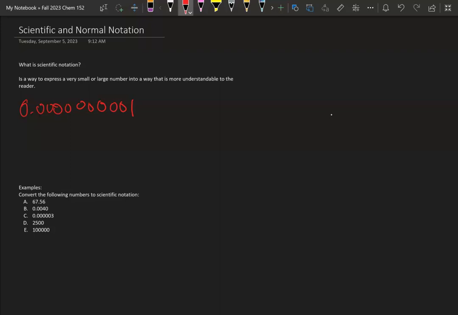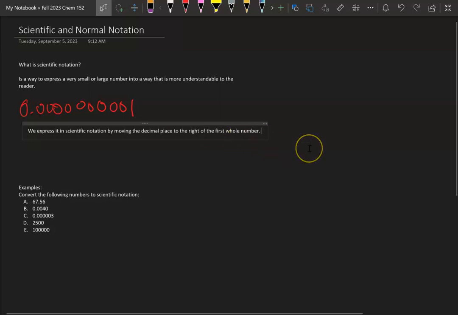The way we do this is that we express it in scientific notation by moving the decimal place to the right of the first whole number. And that's the way it's always going to be, whether it's a big number or a small number. You always move the decimal place to the right of the first whole number.